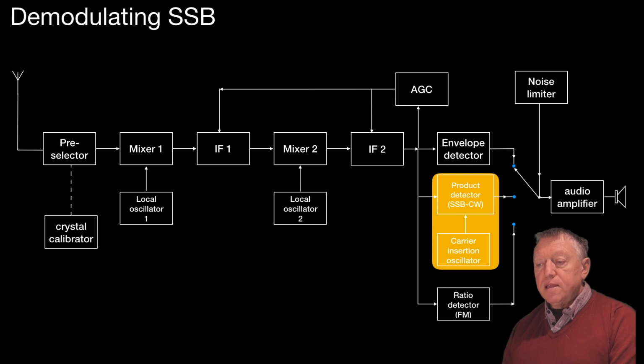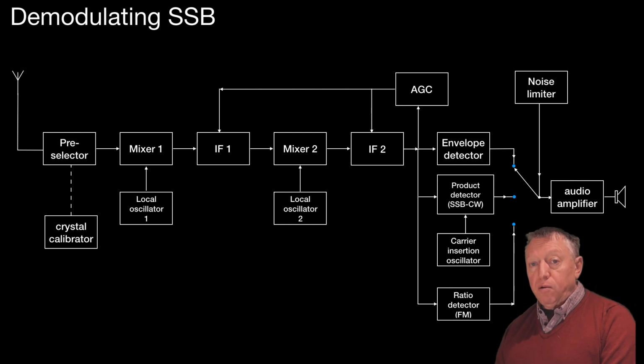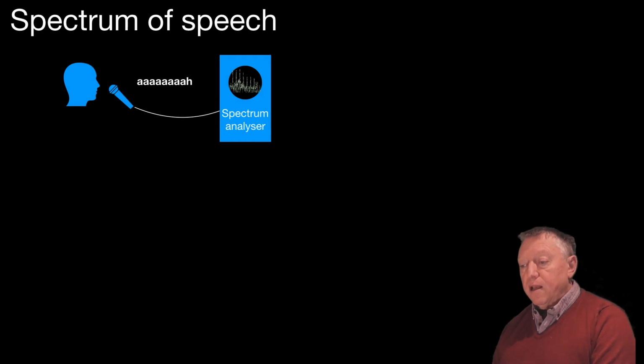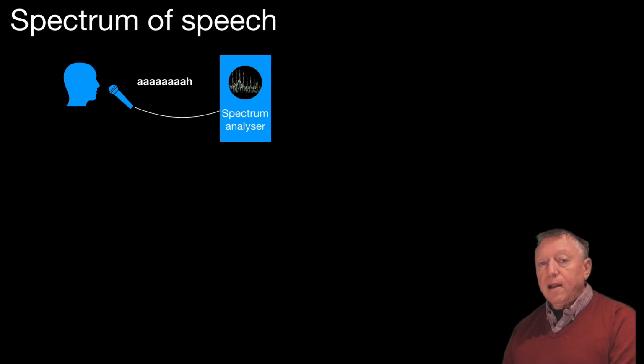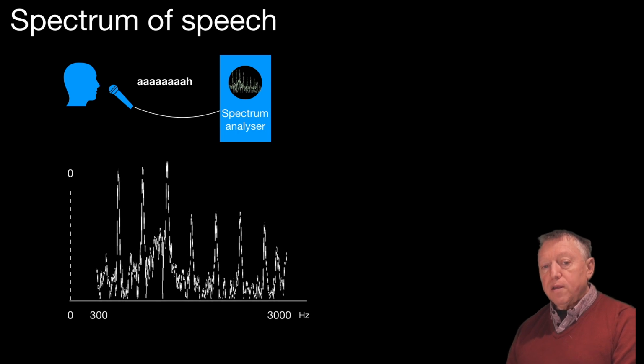So let's have a look inside the product detector. But first of all, let's have a look at the spectrum of speech. Now here we have a chap speaking to a microphone making a sound, and we're looking at the result on a spectrum analyzer. And the output waveform will look something like that.